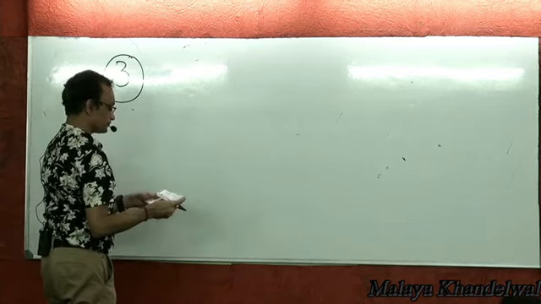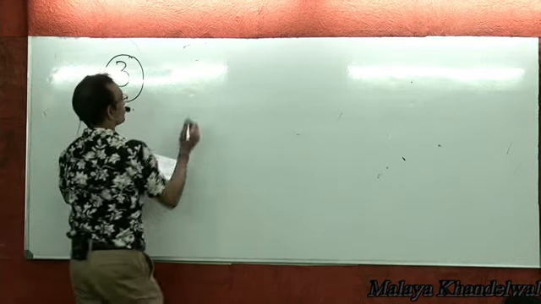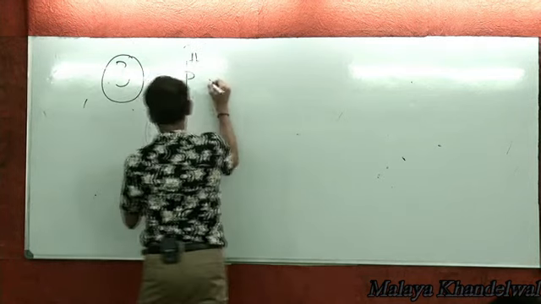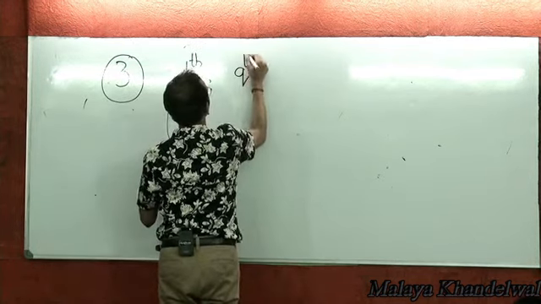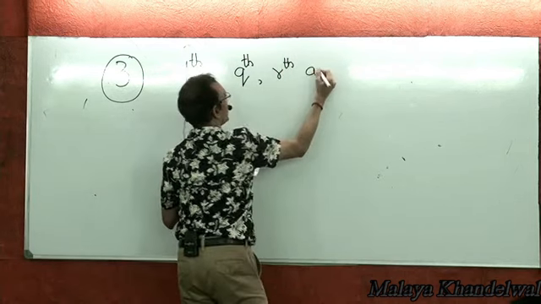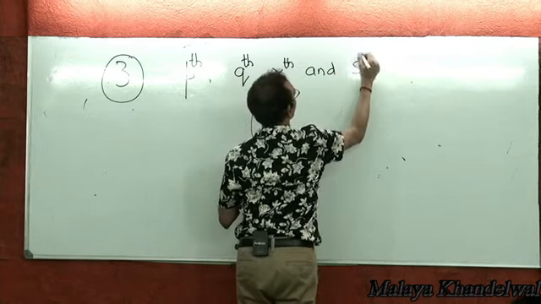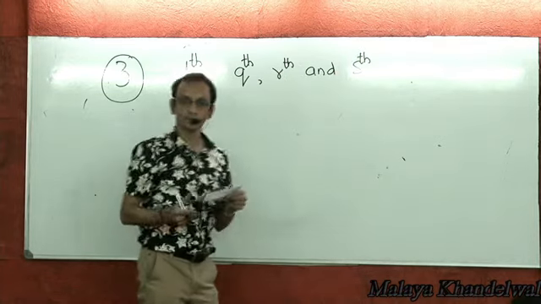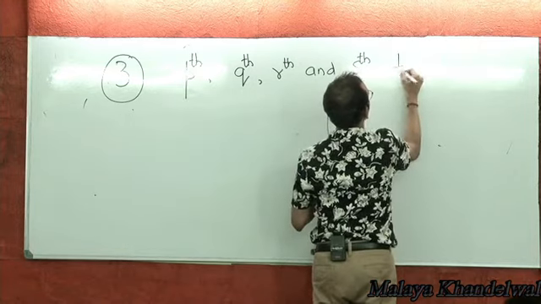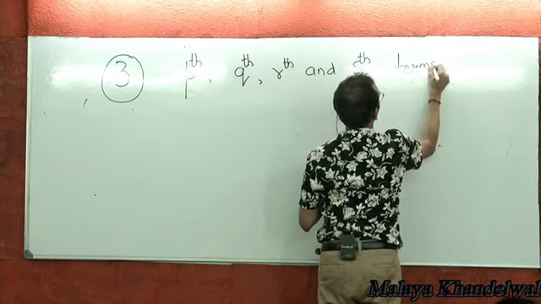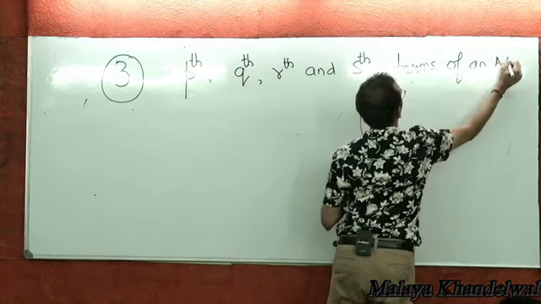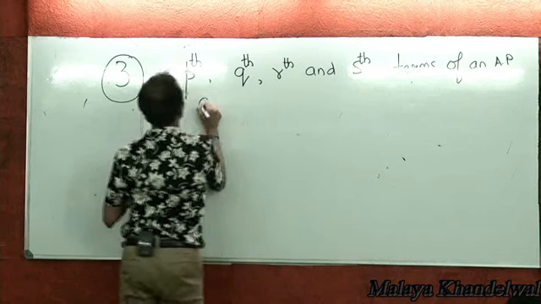is about the following. It says the pth, qth, rth and sth terms of an AP are in GP.